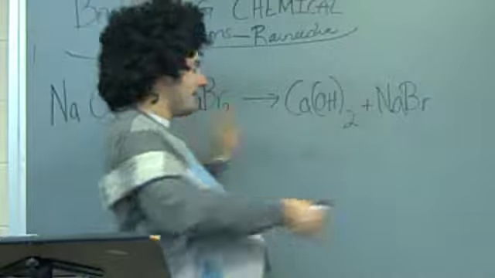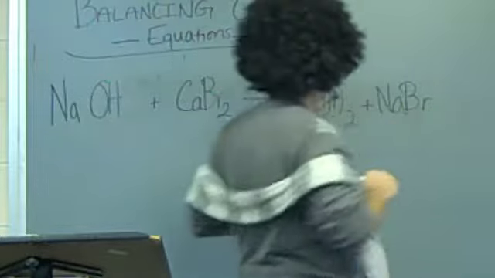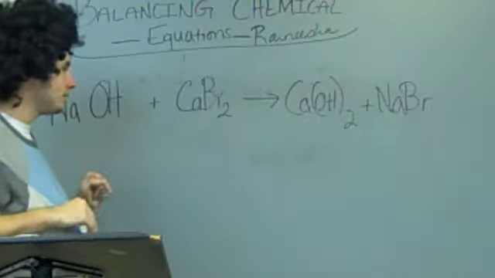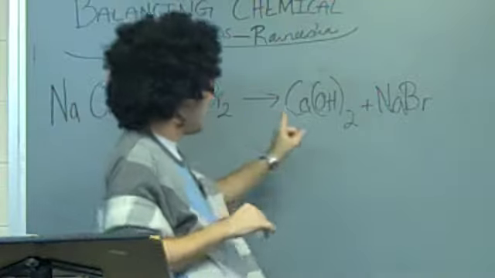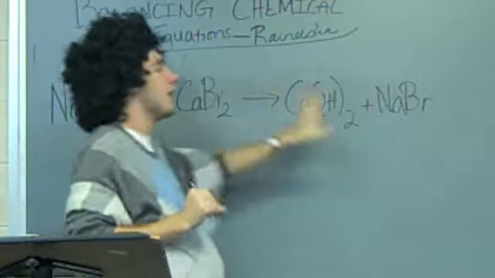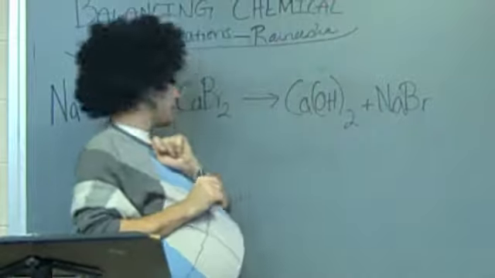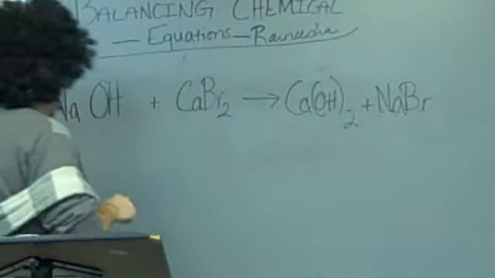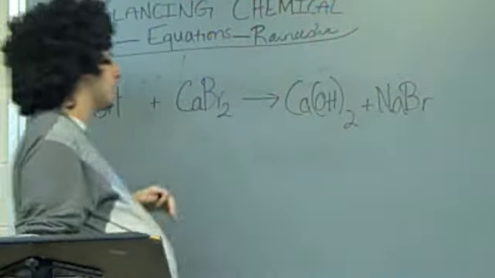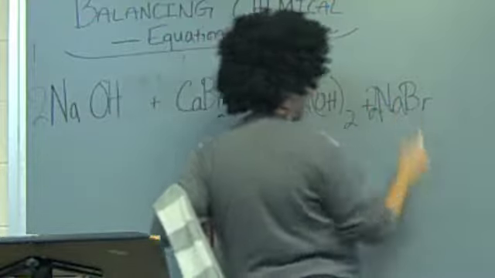All right, you got Na and you got Na. And then you got OH and OH, but you got 2 of them OHs. So that means you're going to have 2 of this whole thing right here, and the Na has to be 2 too.